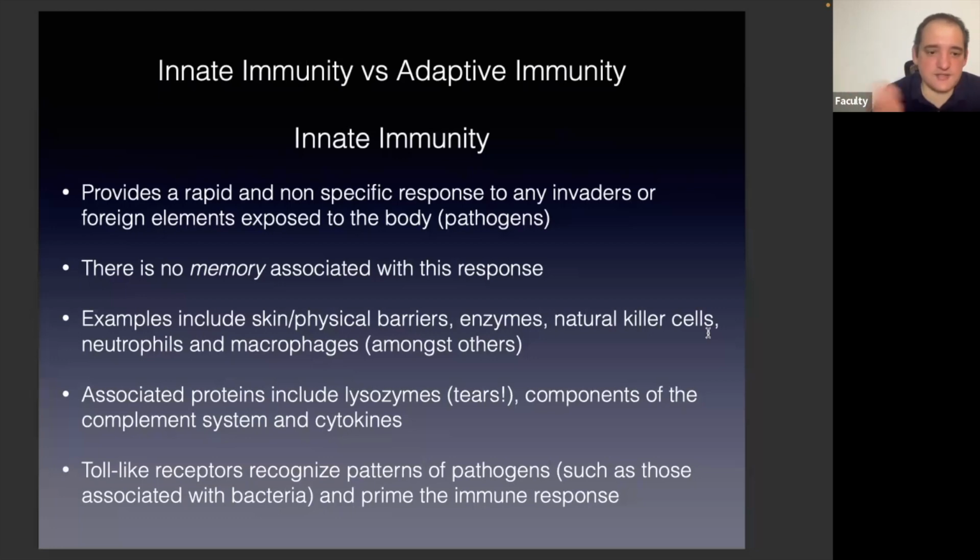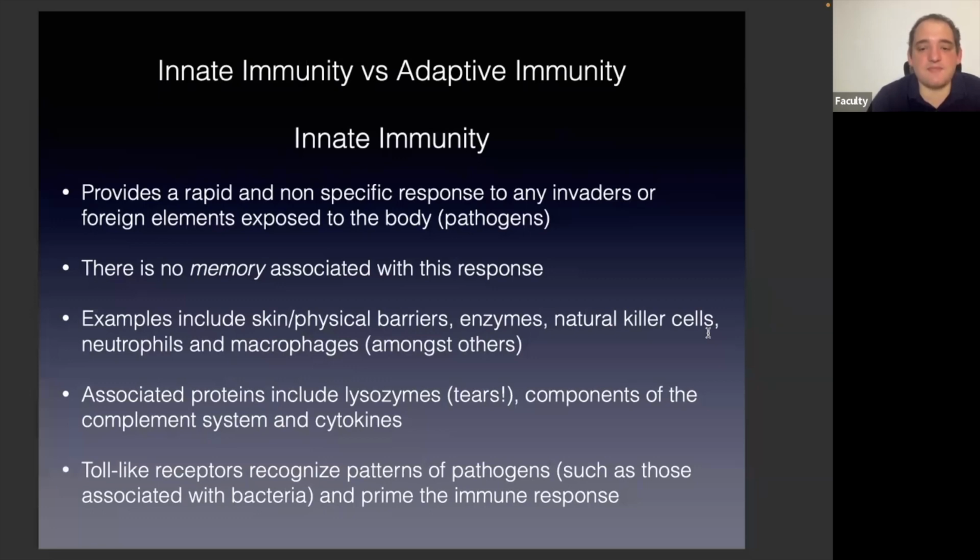These 4 lectures are going to go in a systematic fashion, and 2 and 3 will be pretty meaty, if you will. As far as innate immunity and how it works, we have 2 players that communicate with one another. There are toll-like receptors, and then there are pathogen-associated molecular patterns, or PAMPs.